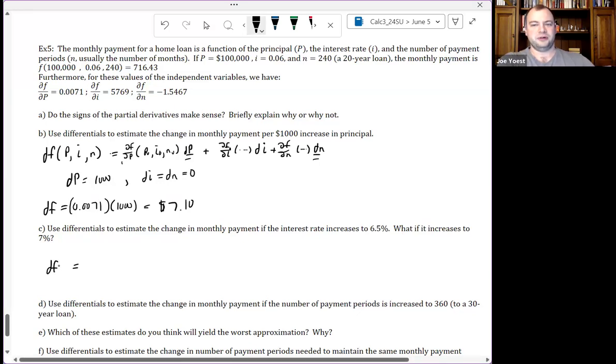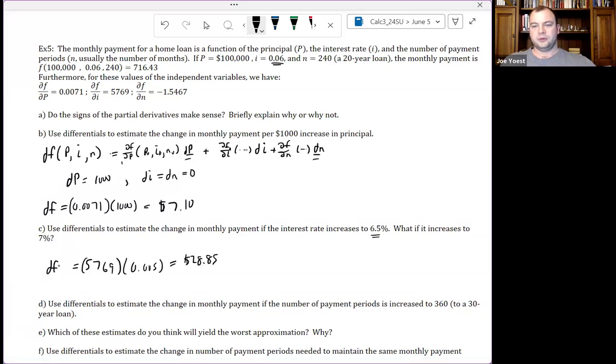So I'm going to have the partial with respect to I at this point, 5,769, times the change in the interest rate. I started at 6%, going to 6.5% is 0.5%, so 0.005. I calculated that was about $28.85.